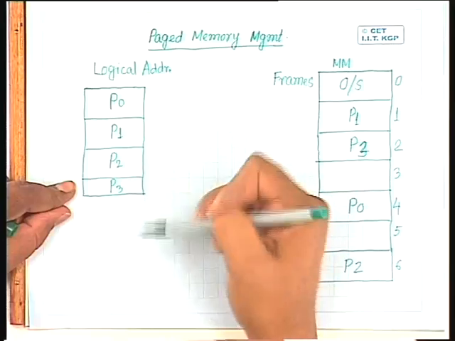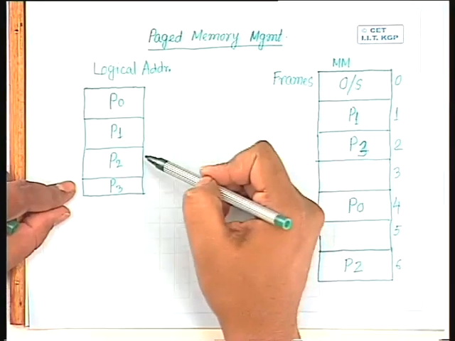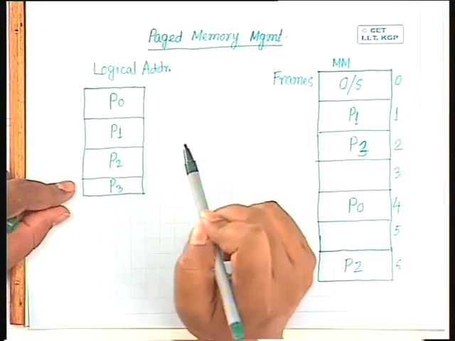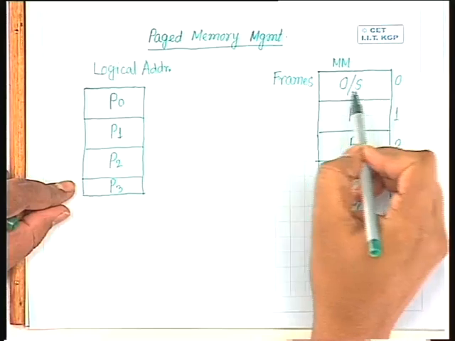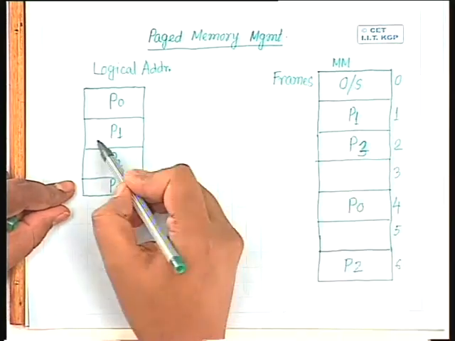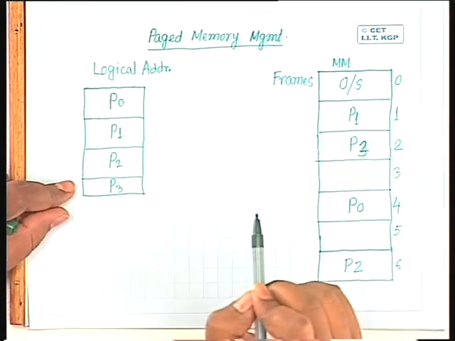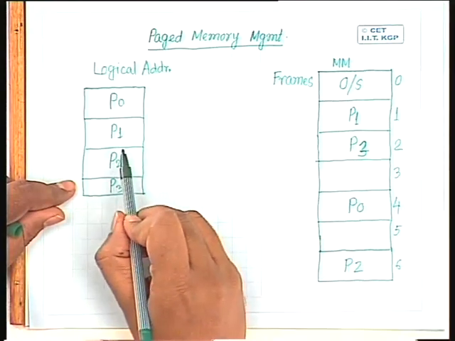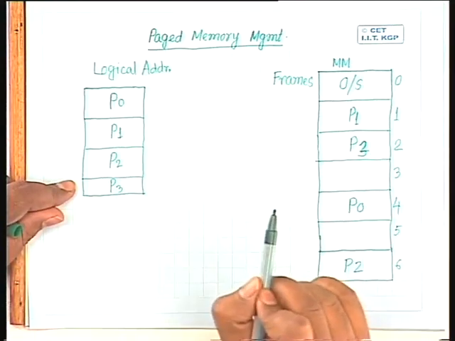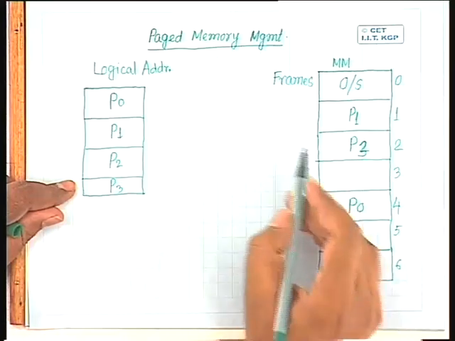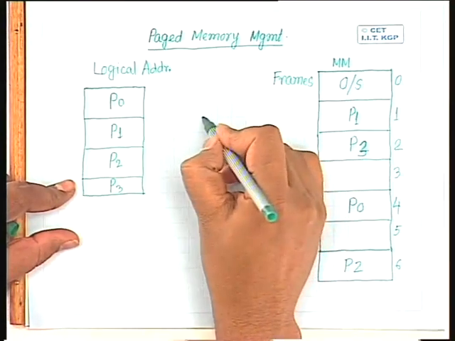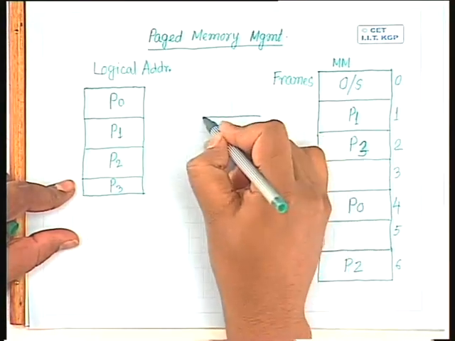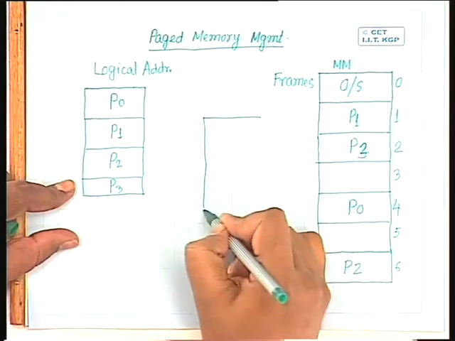When the CPU generates the logical address of an instruction or data in the logical address space, the CPU does not know in which of the frames this particular page is loaded. So I must have a translation mechanism which will translate the page number into frame number. The translation is done with the help of a table which is called a page map table.